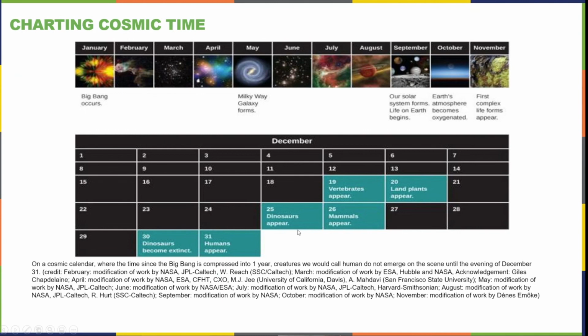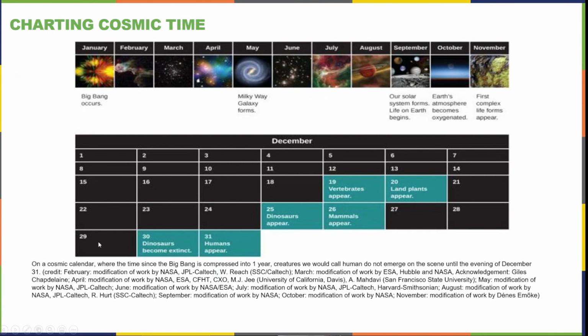And timeline-wise, the dinosaurs were here. I shouldn't say ruled. They walked on the surface of the earth. They lived on earth 65 million years ago. Okay. And that's when the first mammal appeared.